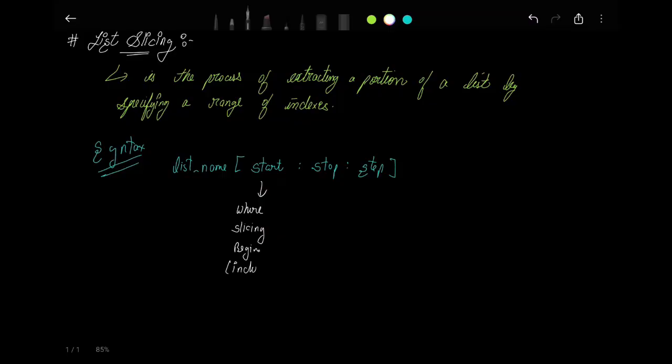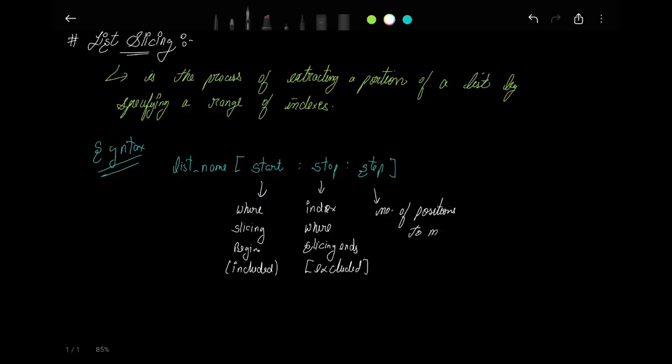Start is always included. Stop is the index where slicing ends. Stop is always excluded. And step means the number of positions to move after selecting each element.